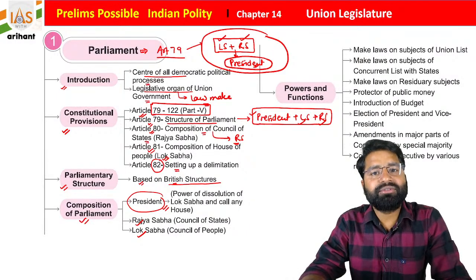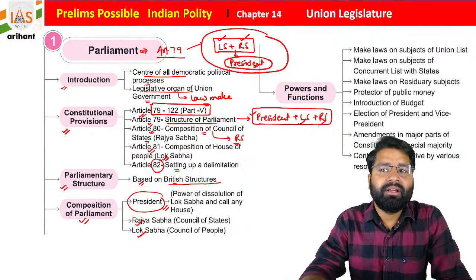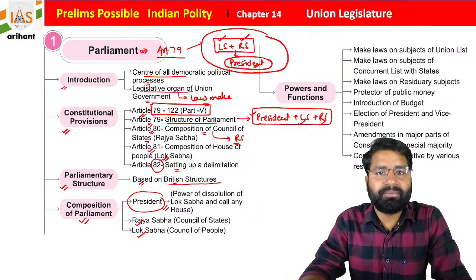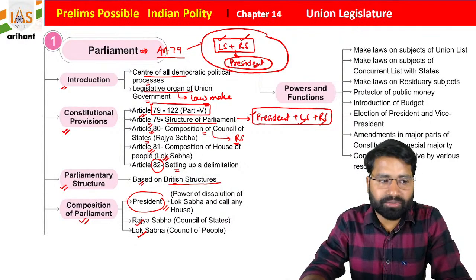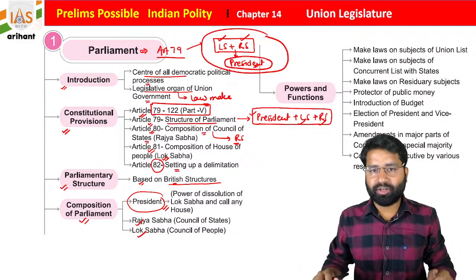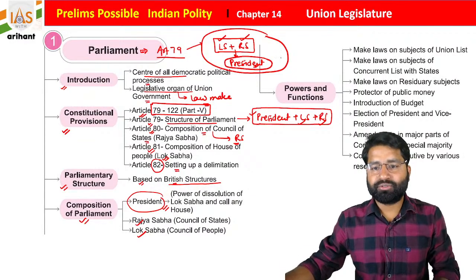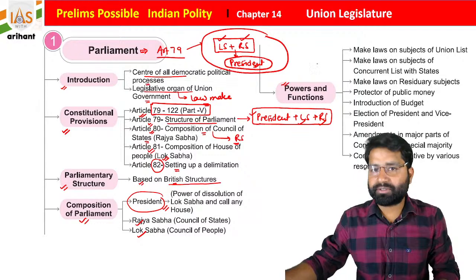Let's suppose some update or change is required in the state list of Schedule 7. In that case, students, this resolution can be brought by Rajya Sabha only. So these are some specific powers for the Lok Sabha and Rajya Sabha, and there are some common powers for both of them. See here, some powers and functions are included.